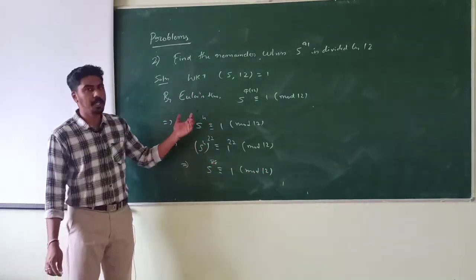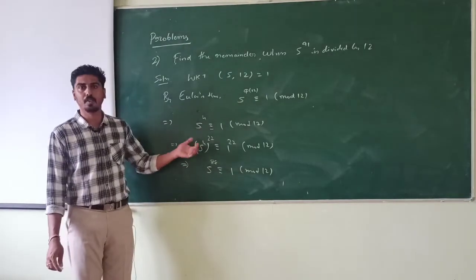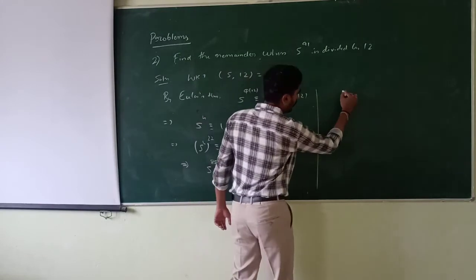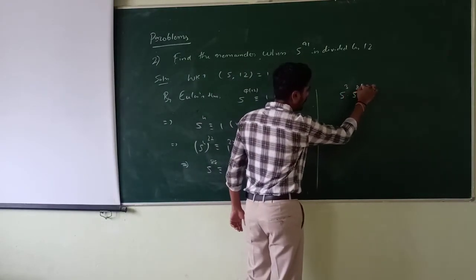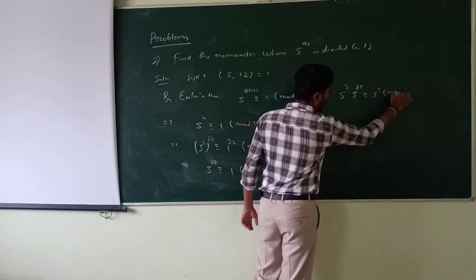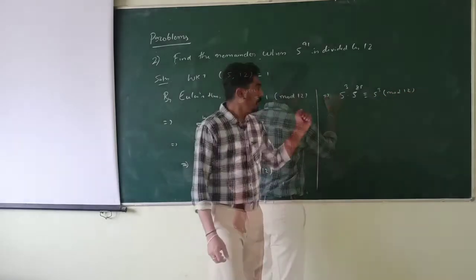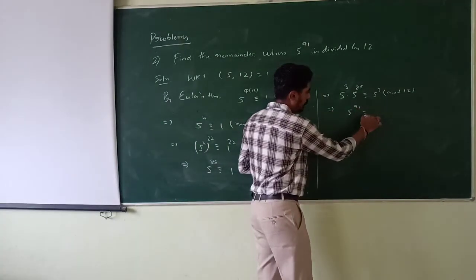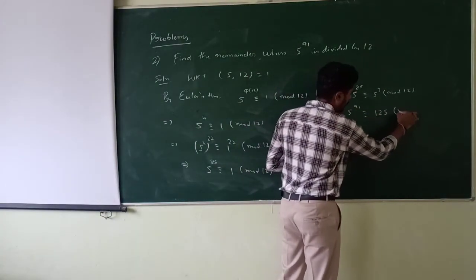To get 5 power 91, I multiply both the sides by 5 cube. 5 cube into 5 power 88 is congruent to 5 cube modulo 12. This implies that 5 power 91 is congruent to 125 modulo 12.